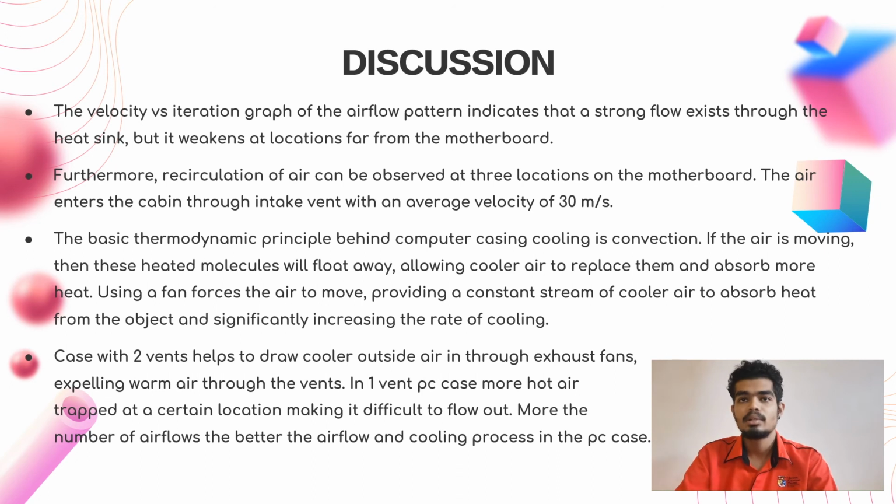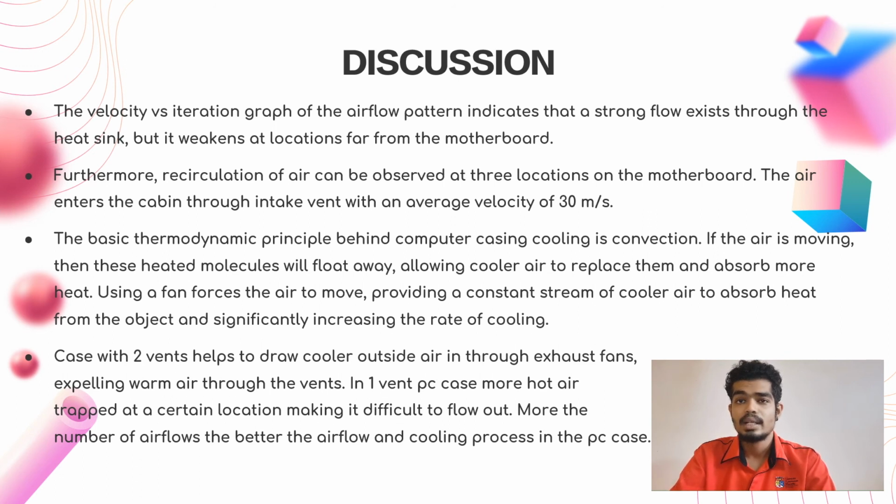The basic thermodynamic principle behind computer casing cooling is convection. If the air is moving, then these heated molecules will float away, allowing cooler air to replace them and absorb more heat. Using a fan forces the air to move, providing a constant stream of cooler air to absorb the heat from the object and significantly increasing the rate of cooling.